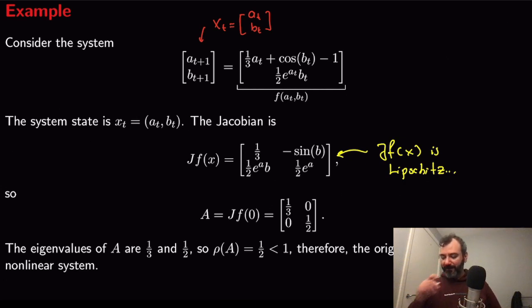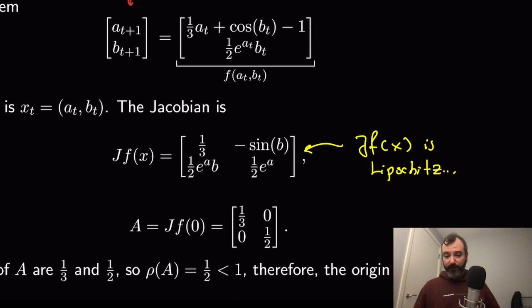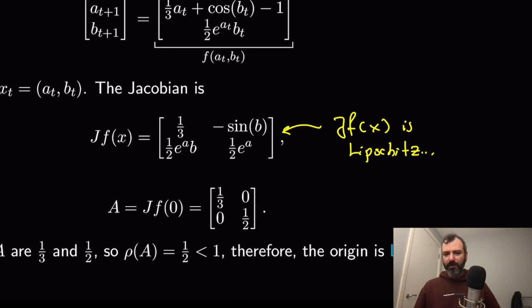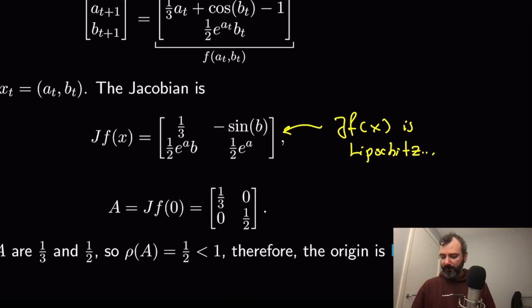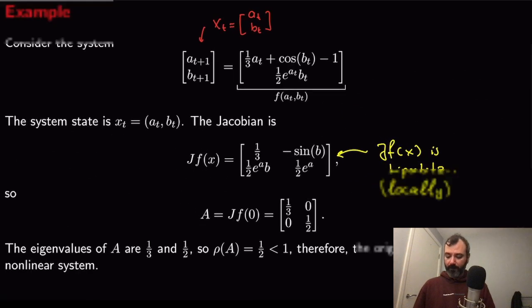In fact, it is sufficient if you try to prove that it is Lipschitz. Don't try to prove that it is Lipschitz throughout the whole R^n, but try to show that this is Lipschitz locally. This is absolutely sufficient. So you will be able to do that if you try. If not, we can discuss next time in class.